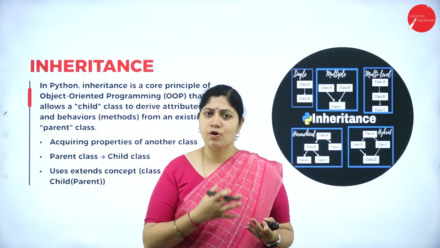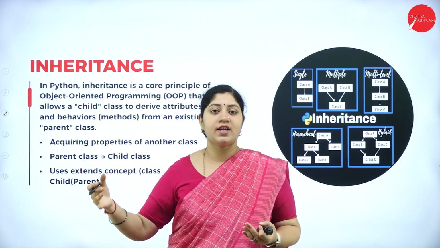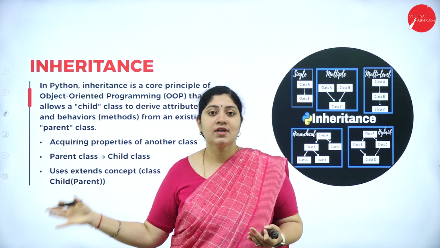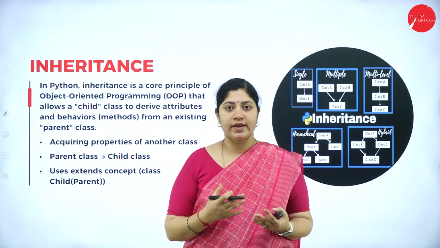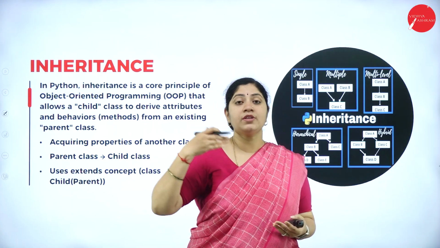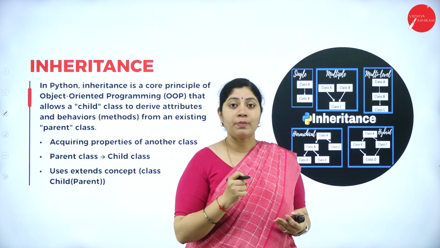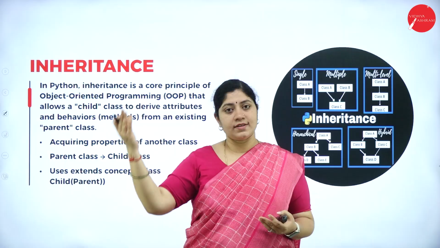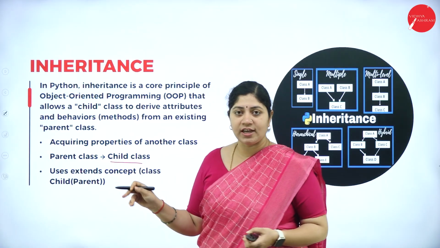There will be a parent class or base class, and the newly created classes are considered child classes. Clear? In a simple way, a new class is derived by acquiring the properties or behavior of another class. So we have a relationship: parent class followed by child class.